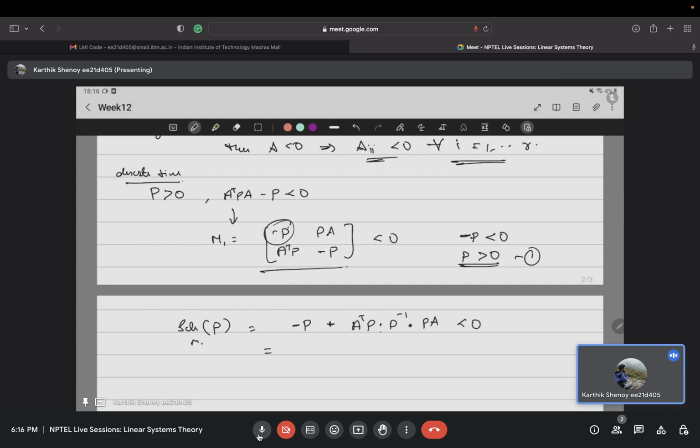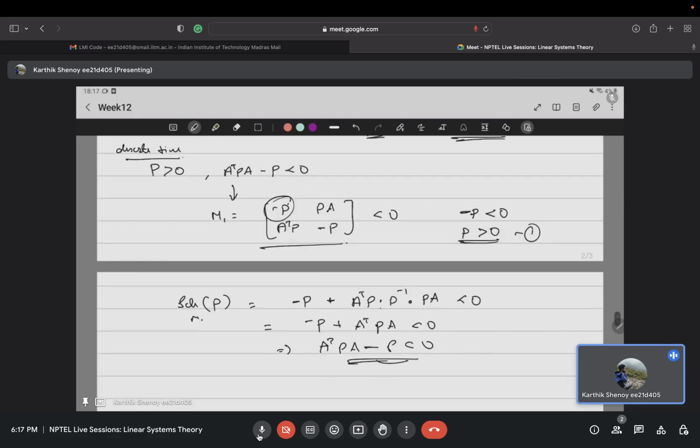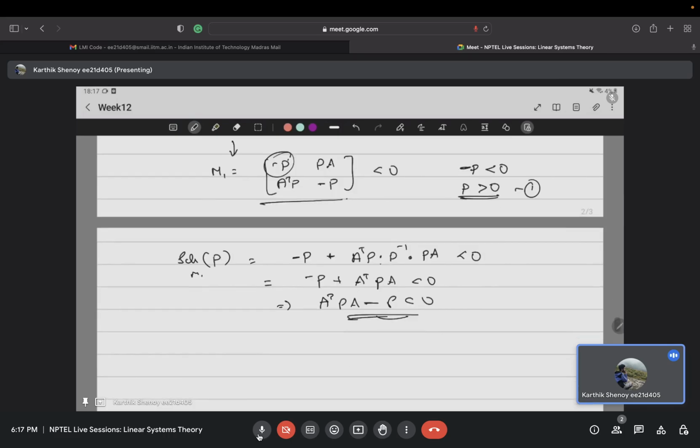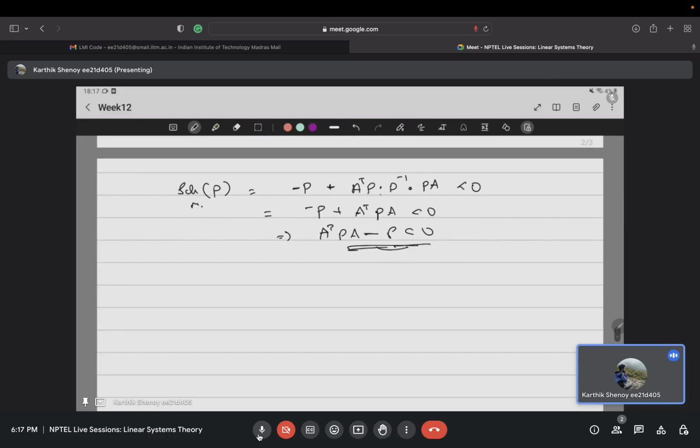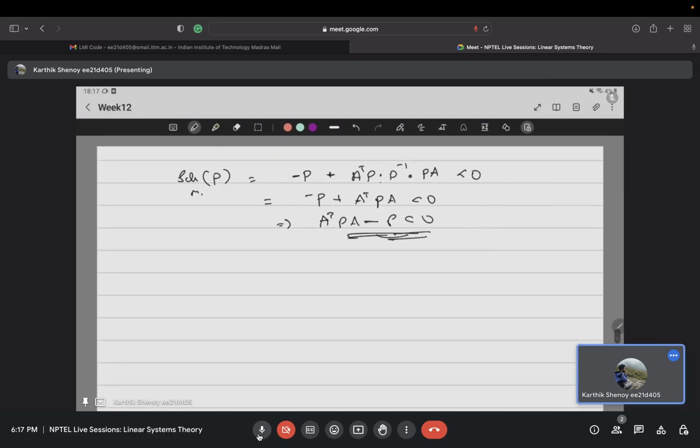So, this is equal to minus P plus A transpose P A is negative definite, which implies A transpose P A minus P is negative definite. So, M1 being negative definite is the same as this being negative definite. Okay. And if you see, this M1 has all linear terms in P. Okay. So, that is why the Schur complement makes it easier to convert it to an LMI.